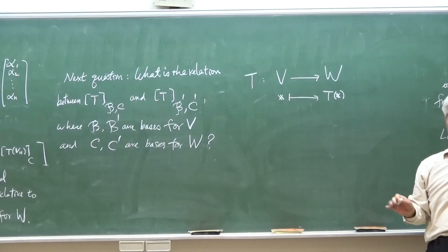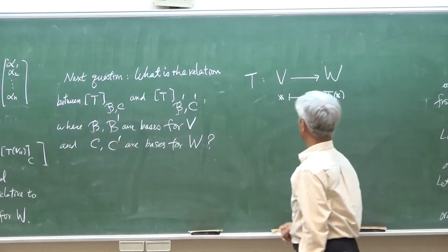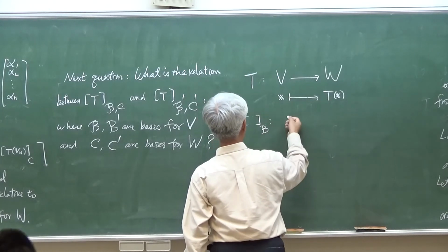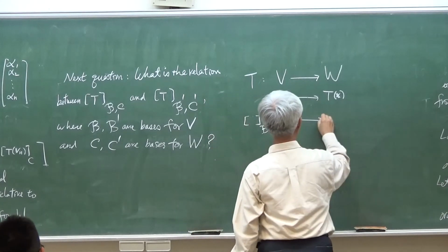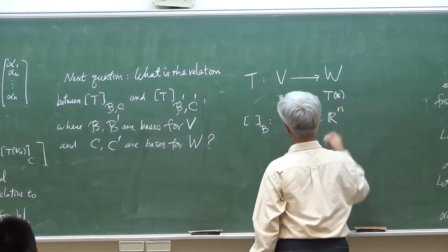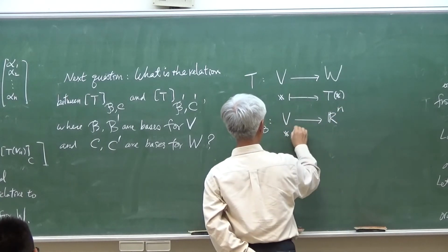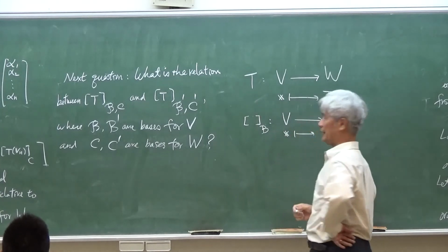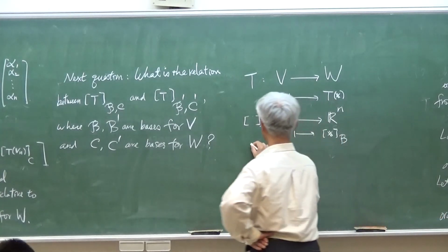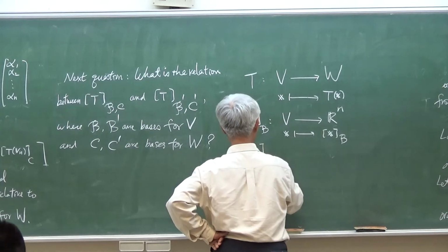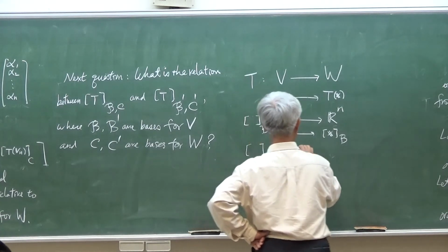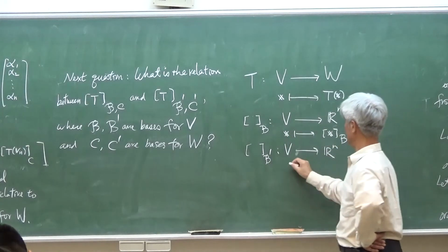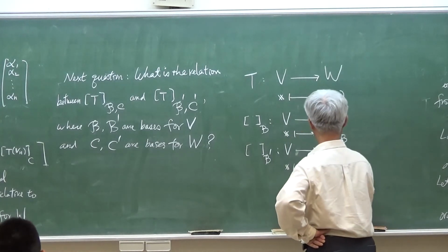Now the coordinates: V goes to Rn, so X goes to its B-coordinate, and with B prime we have X going to its B prime coordinate.